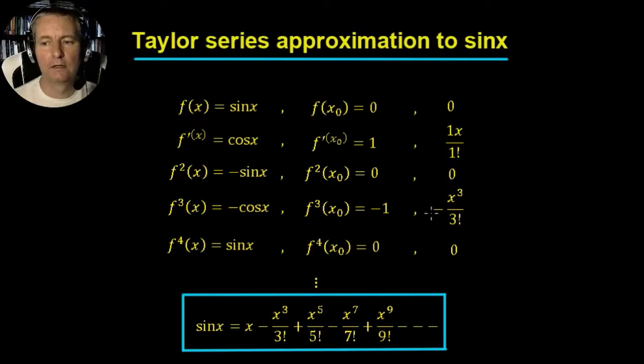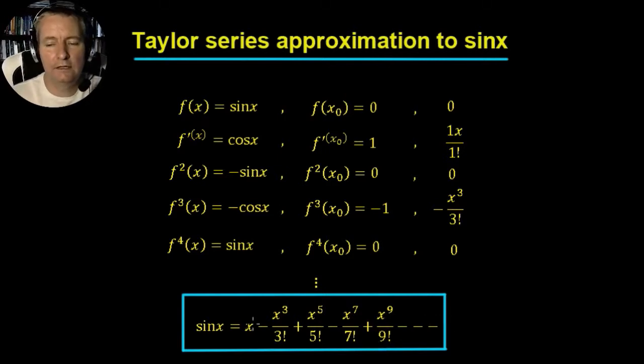The next term will be minus x to the 3 upon 3 factorial. And the next term will be 0. So we can see the pattern that's going to occur here. We're able to say that sine x is equal to x minus x to the 3 upon 3 factorial plus x to the 5 upon 5 factorial minus x to the 7 upon 7 factorial plus x to the 9 upon 9 factorial, and so on and so forth.